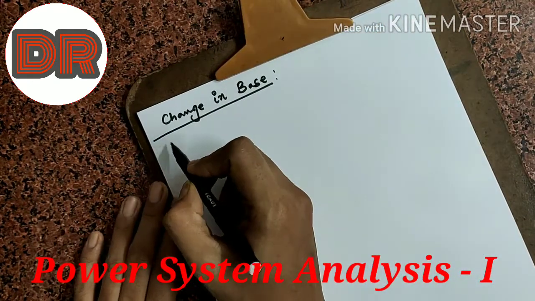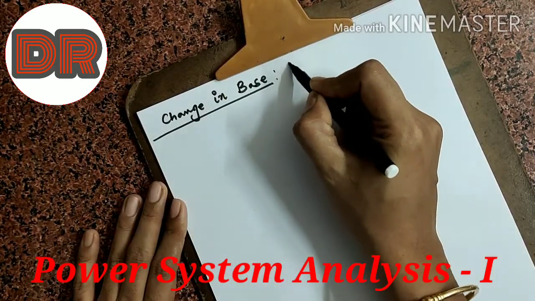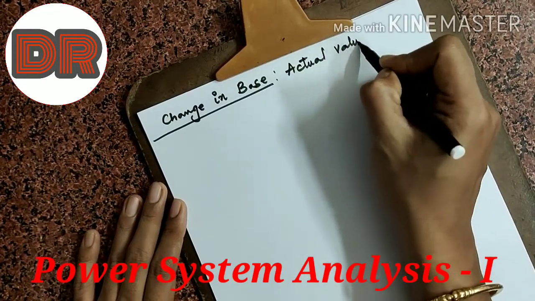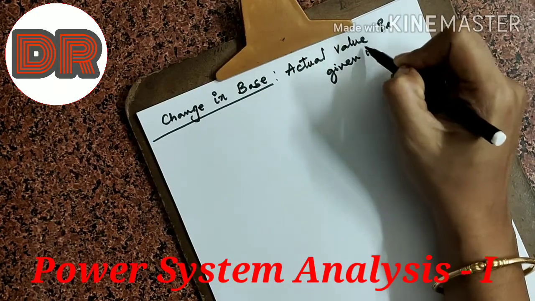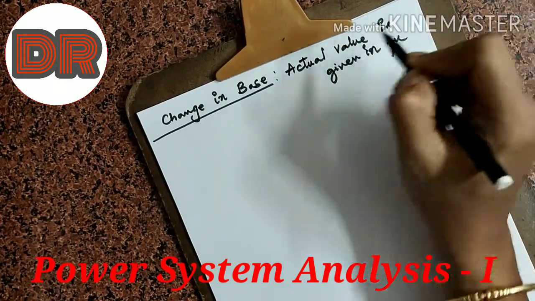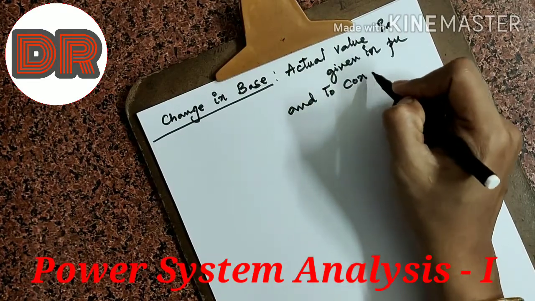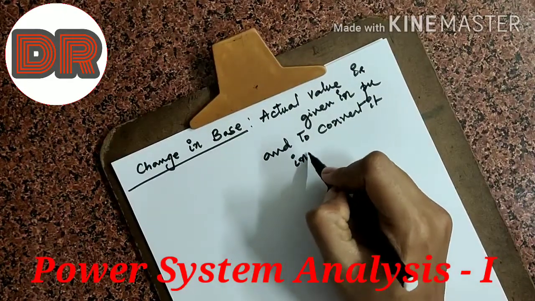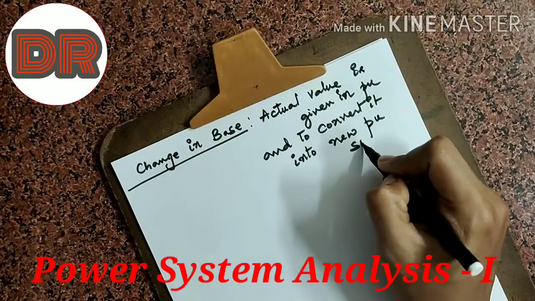Let me now take this topic: when the actual value is given in per unit, and we want to convert it to the new per unit system.